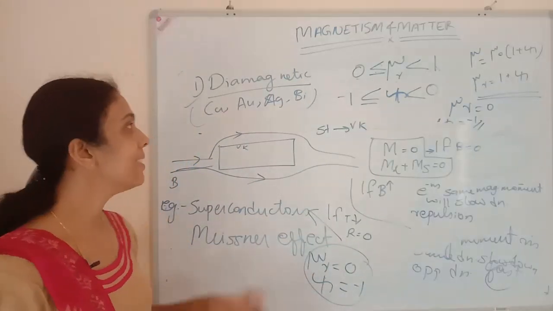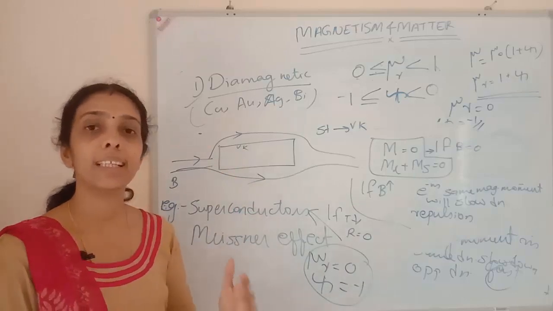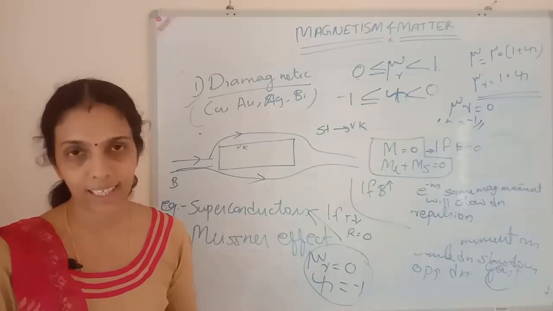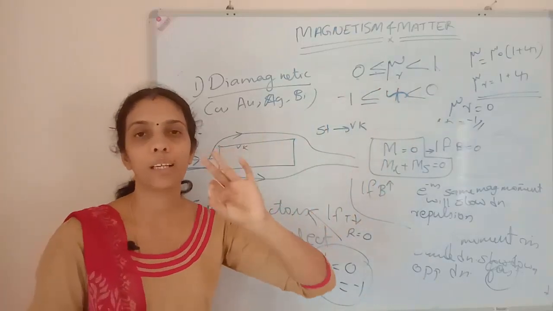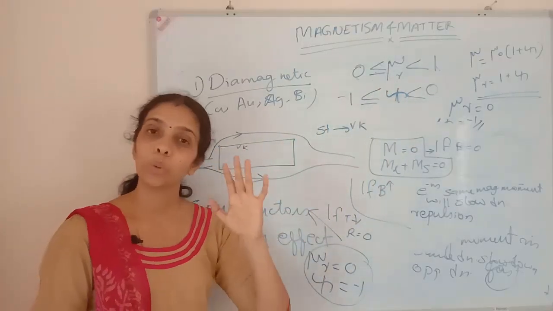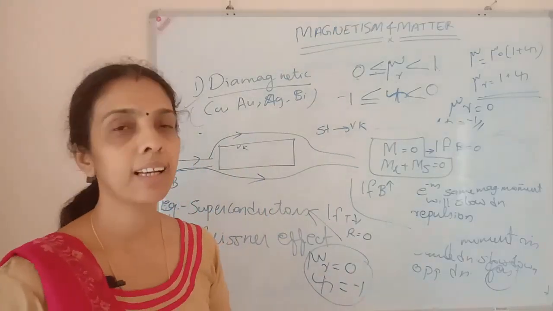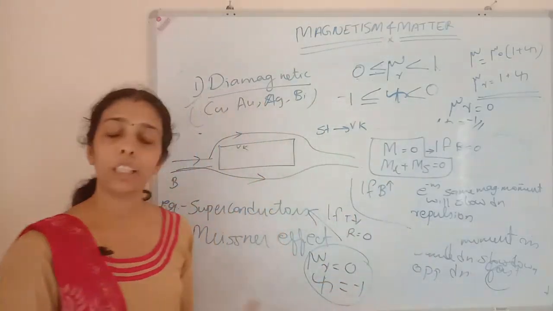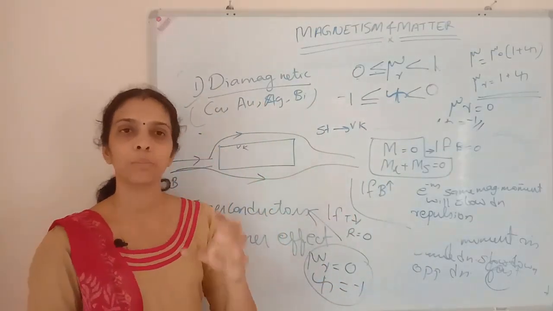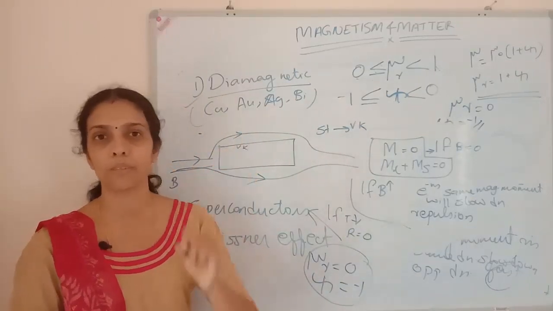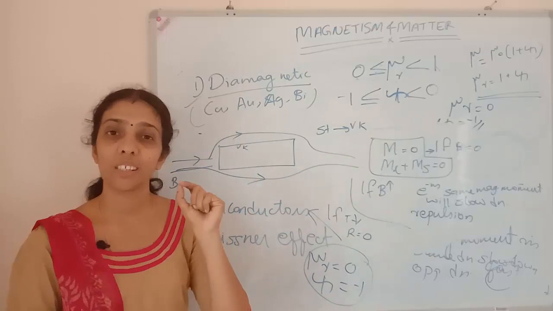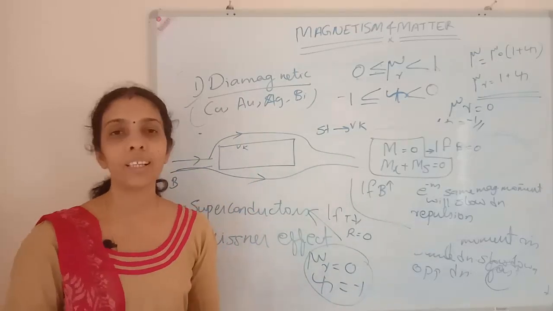Clear? This diamagnetism and the relation between mu and chi should also be clear: mu equals mu0 into (1 plus chi). All those terms we learned in the last class are important. You can expect a question from that portion, so the terms and their dimensions and units are all important.